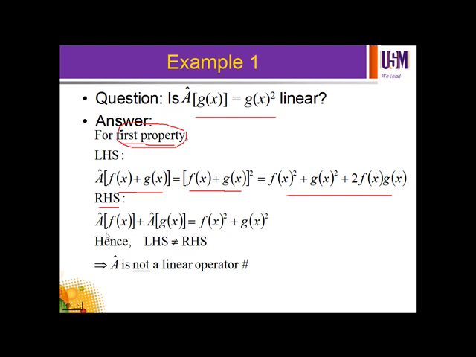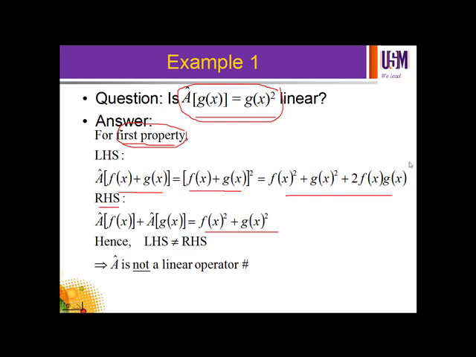Now, on the right hand side, A f plus A g, each operator follows this rule. Operator on f gives you f squared, and operator on g gives you g squared. So for the right hand side of the first property, we have f squared plus g squared, while the left hand side gives you f squared plus g squared plus 2fg.